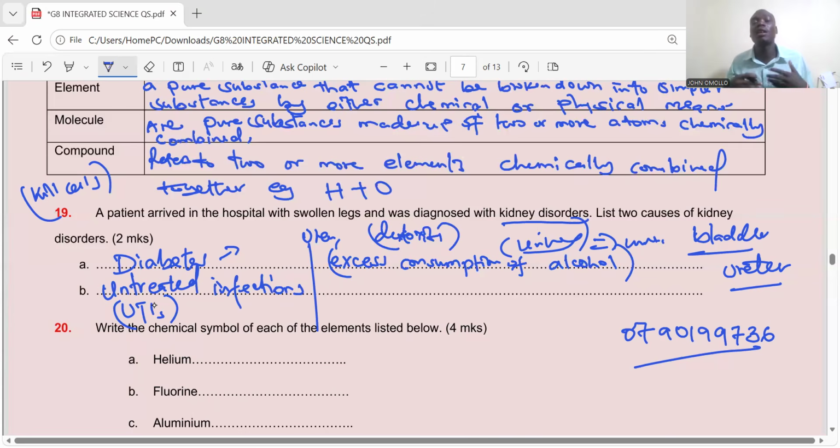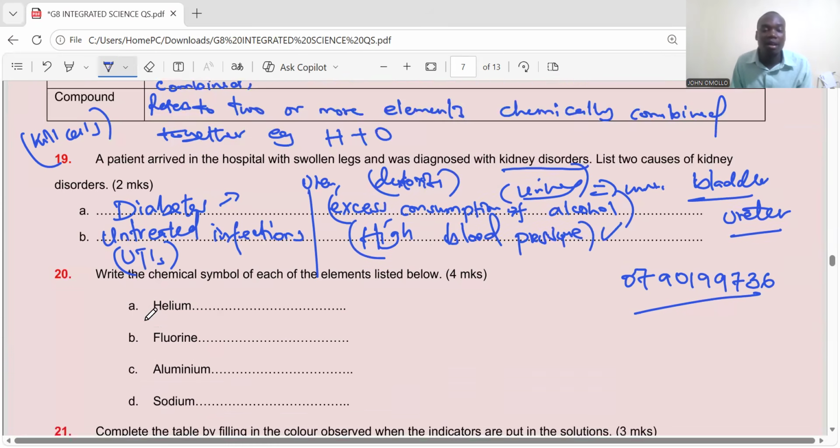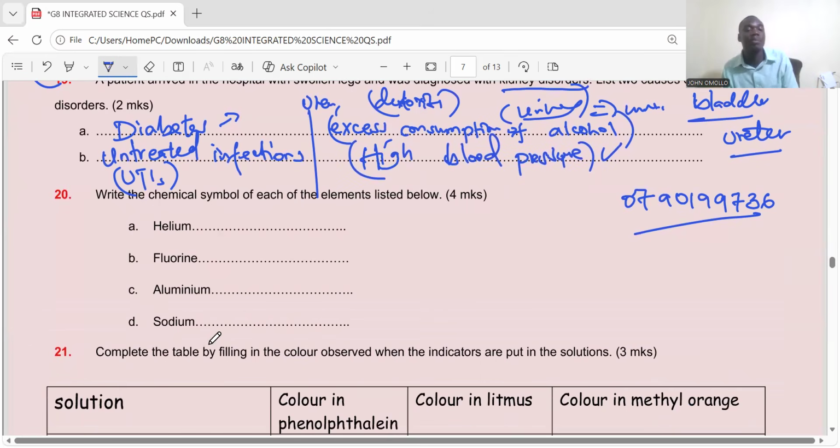If it experiences too much work, it will undergo a problem, and that problem will result in kidney disorder. So consumption of too much alcohol will cause kidney disorders. Another one is high blood pressure. Kidney disorders are brought on when the blood is moving with a high pressure.